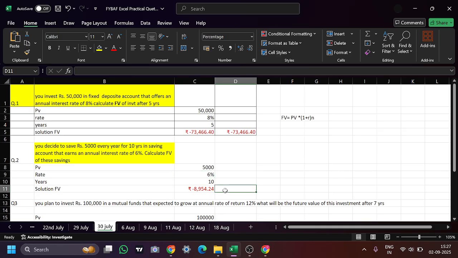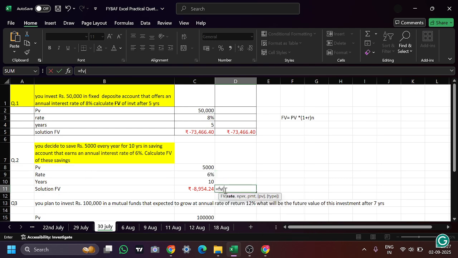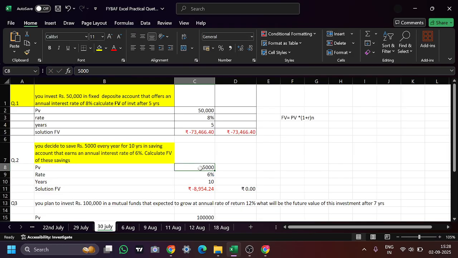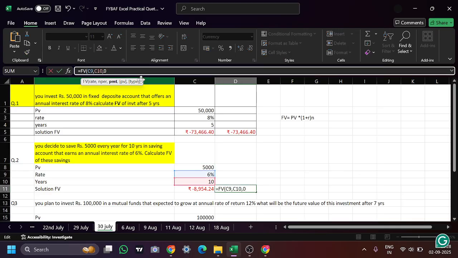Now again the solution, by the Excel method, will be is equal to future value in bracket, the rate is 6%, comma, the number of years is mentioned over here. The syntax is coming in over here. If you can see, PMT will be 0 only. Again the present value is given in the question. How much is it?